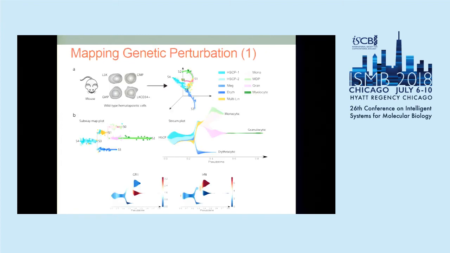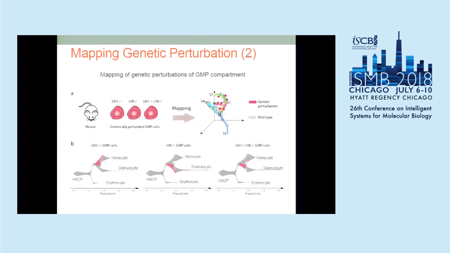In this case, we can build the blood developmental trajectories using the wild type data set, and STREAM can also automatically recover two important marker genes, GFI1 and IRF8. But we are curious, what would happen if we knock out GFI1 or IRF8 or both?